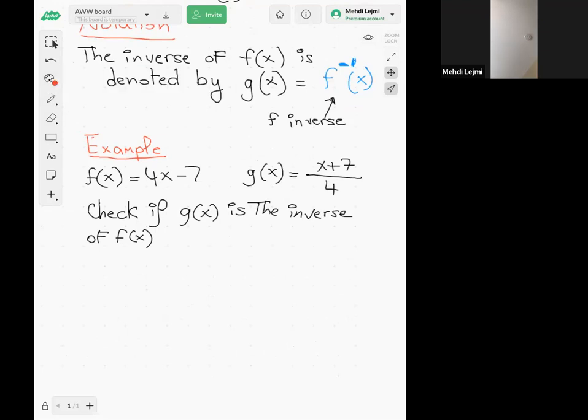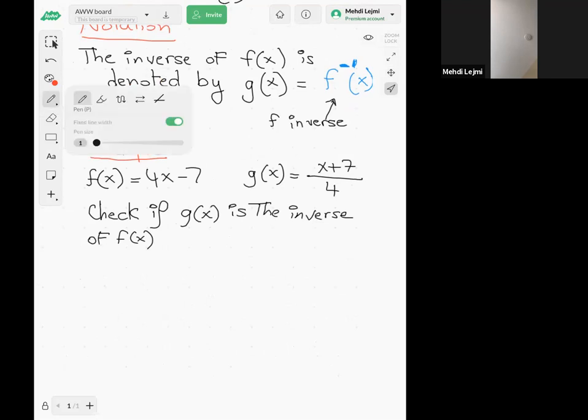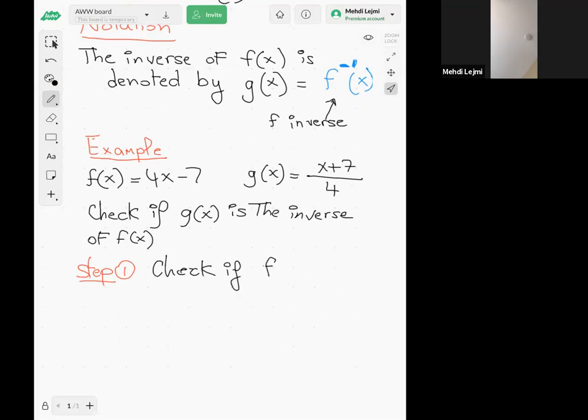The first step is, step one, we need to check if f composed with g of x is equal to x, right? So let's see if this is true. You want to compute f composed with g of x.